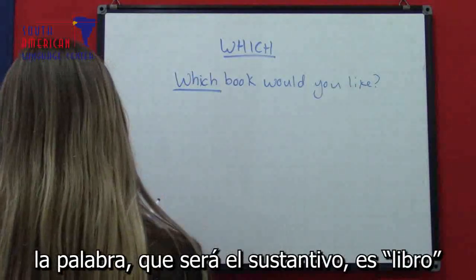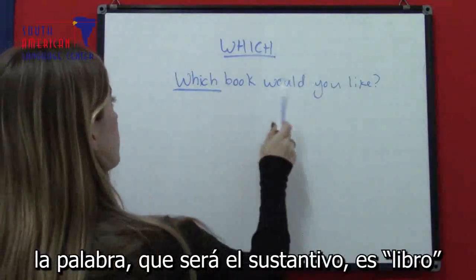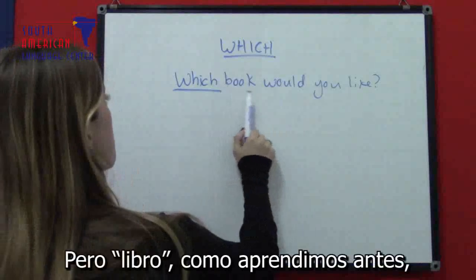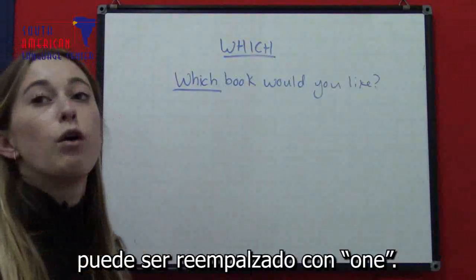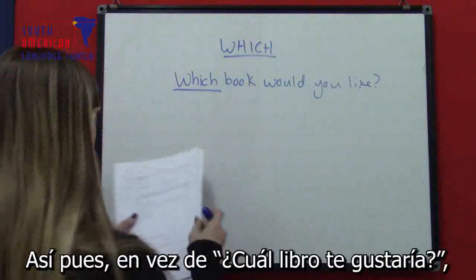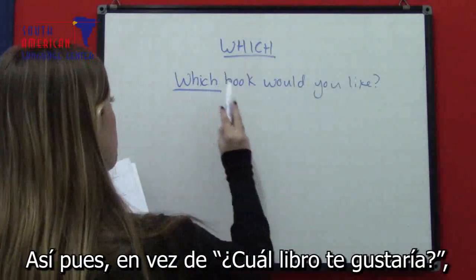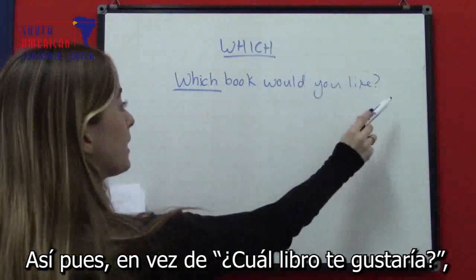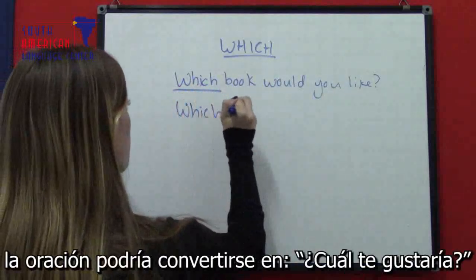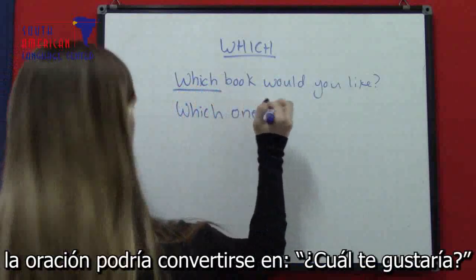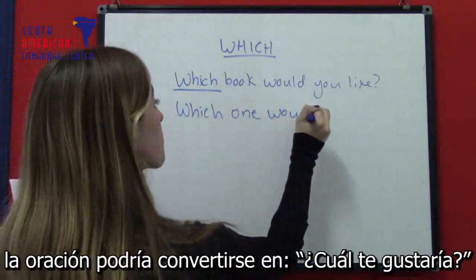The word, which will be the noun, is book. But book, like we learned before, can be replaced with one. So, instead of which book would you like, the sentence could become which one would you like?